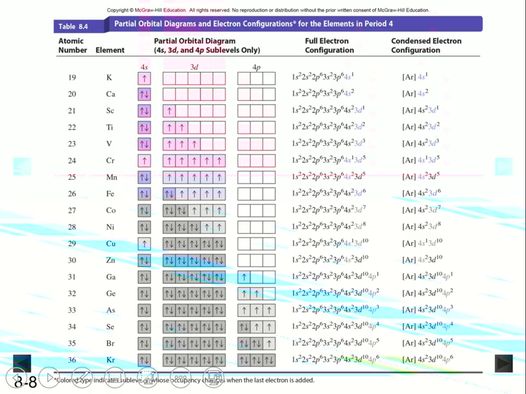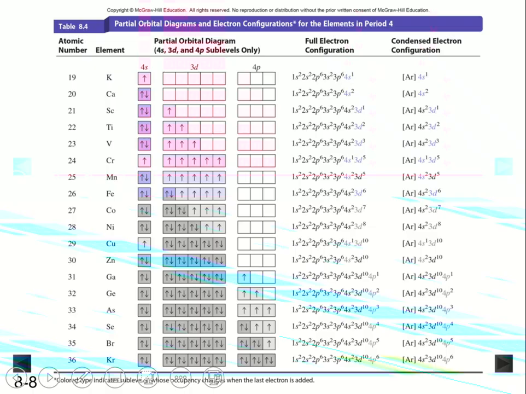The reasoning is that when you broke down the degeneracy of the principal quantum number 3 state, the 3d moved up higher in energy than the 4s. The 4s has better penetration, and so it drops down lower in energy. Now this is on the filling cycle. We'll see some differences a little later in this chapter.